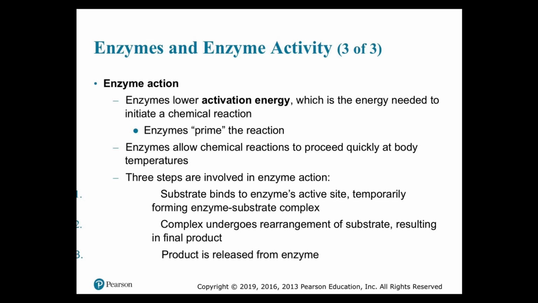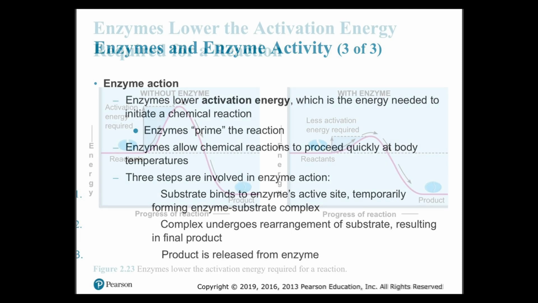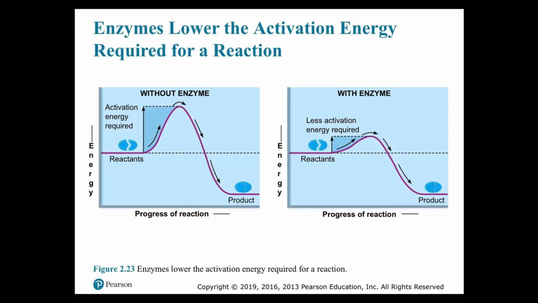And now the enzyme is going to bind to another substrate, because remember, the enzyme is not used up in a reaction. The figure on the left shows a reaction without the enzyme, and the figure on the right shows a reaction with the enzyme.